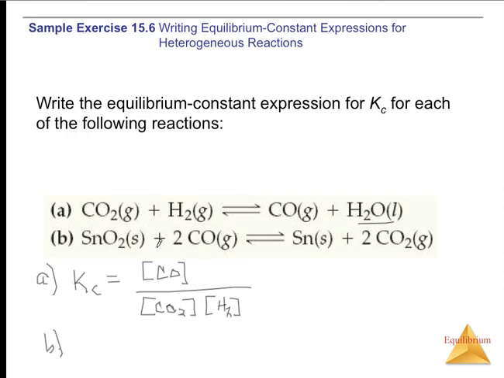For B, it would be the concentration of products, but tin doesn't enter into it because that is a solid. So it would have CO2 squared over the reactants. Again, solid doesn't enter into the equation.